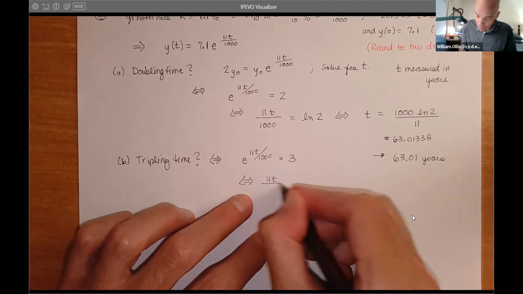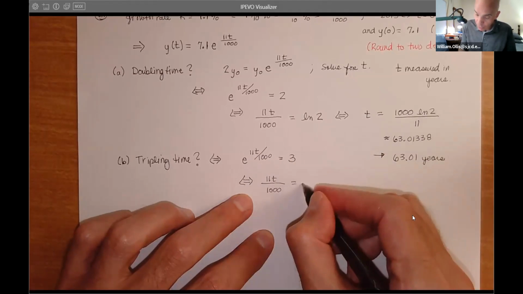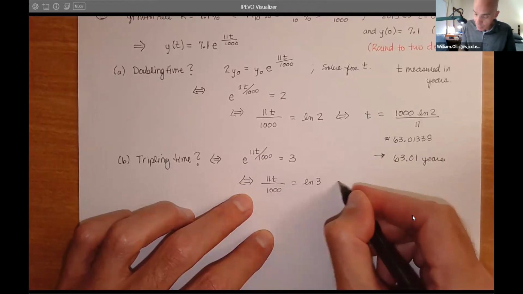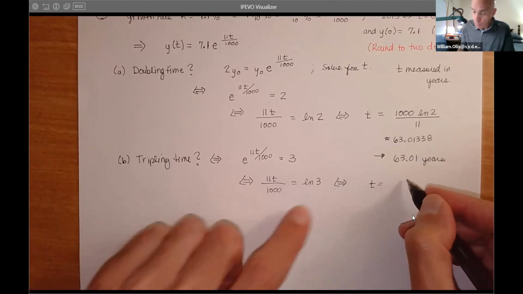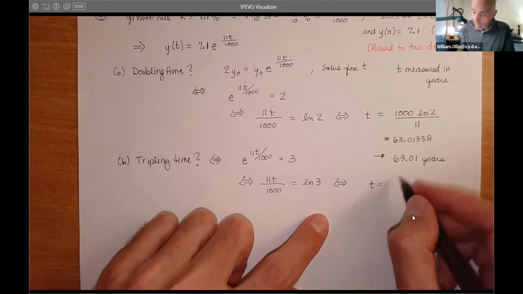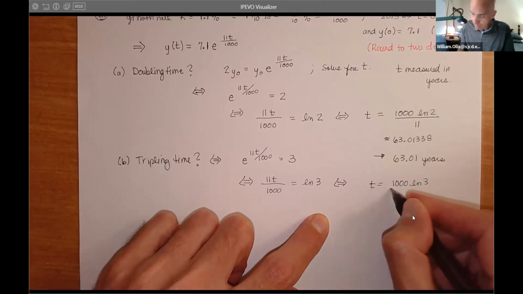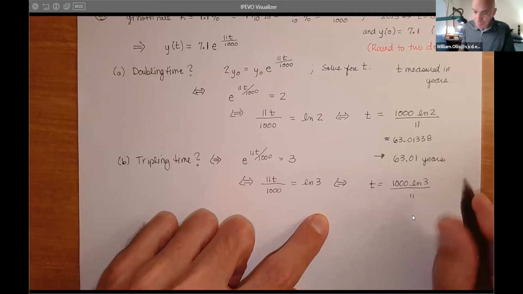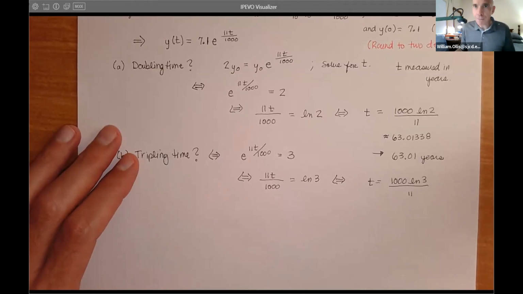So we're just basically changing out the log 2 to a log 3. But it's good to see this. So now we just get t, multiply the log 3 by 1,000 and divide by 11. And now again, when we do our computation here, we'll just switch out to a log.